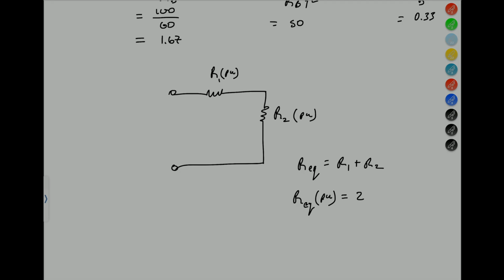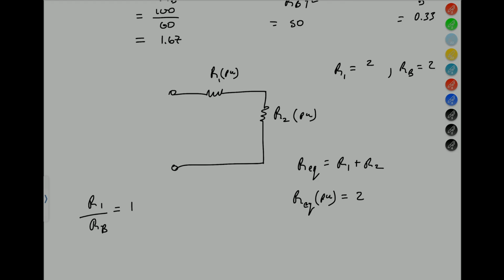So if that's 2, what if R1 was equal to, let's see, 2 ohms, and say both of those were equal to 2 ohms? That means our RB would have to equal 2. So when we divide R1 by RB, 2 divided by 2 is equal to 1.